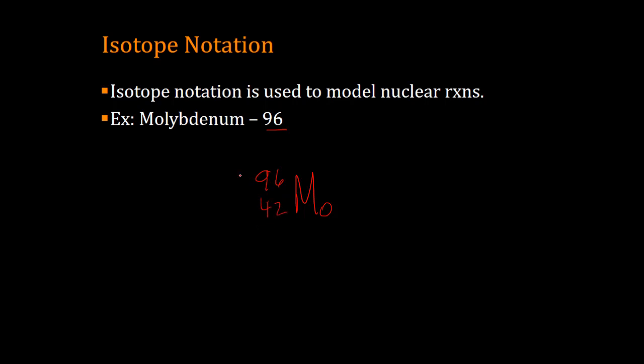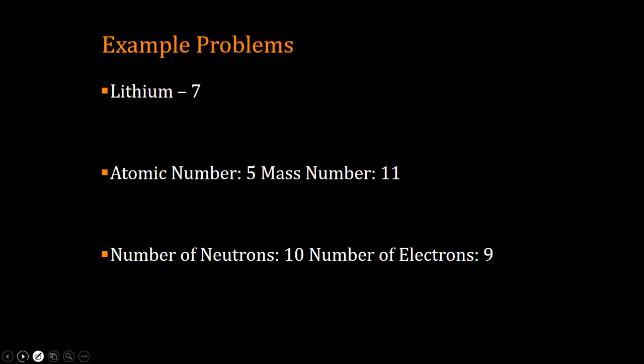Okay, and so this is mass number up here, and this is atomic number down here. Now, we do it this way, even though this is redundant, because 42 and molybdenum are the same thing. We do it this way because we're going to be looking at decay reactions, and there's a rule where we're always going to have the same number of particles at the beginning and at the end. They might not be in the same atoms anymore, but this way we can quickly see, oh, how many protons did I start with? How many protons do I end with?